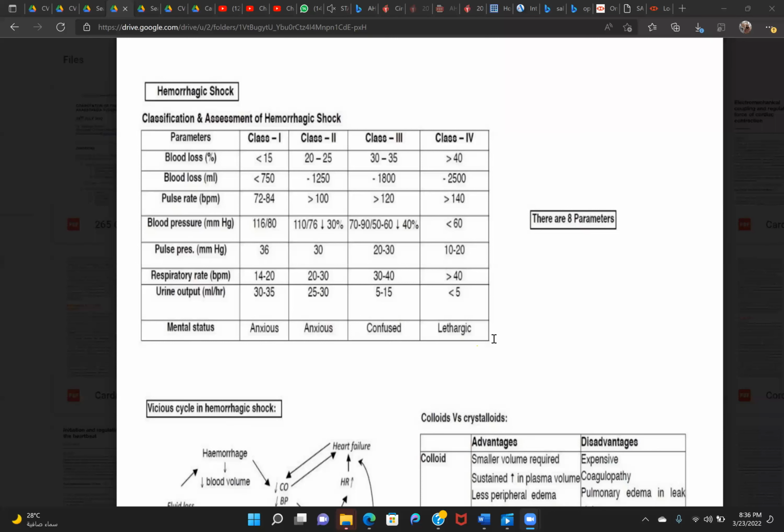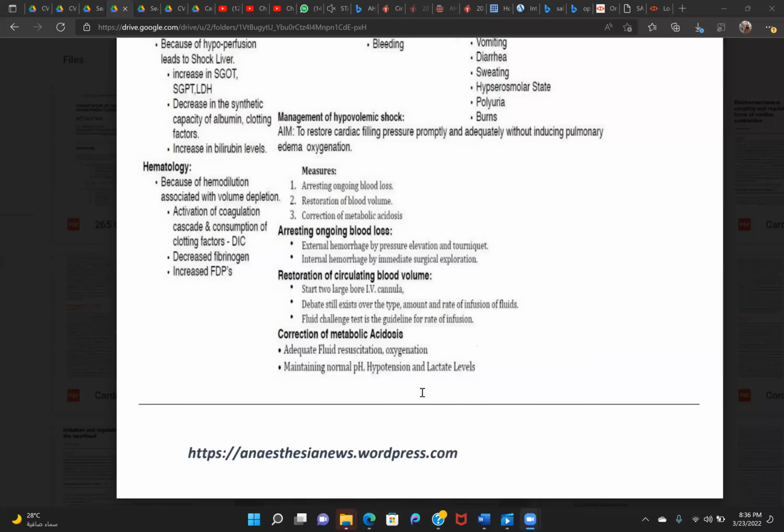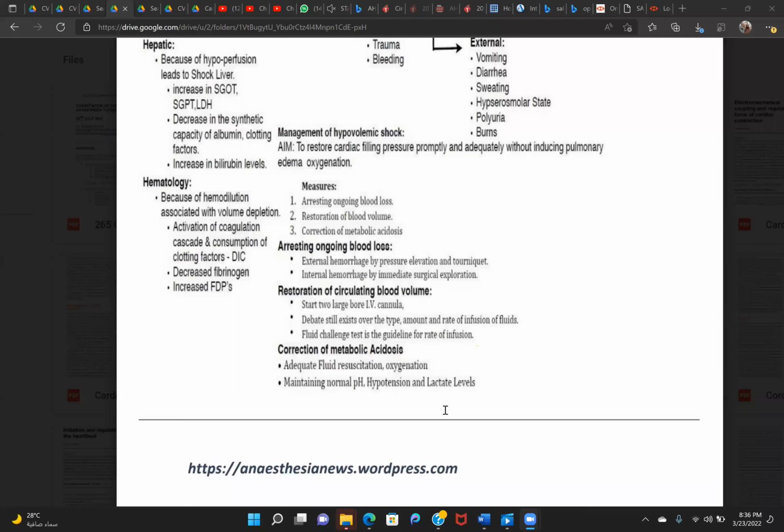I forgot to mention lactate. You can follow your resuscitation through lactate. But if there is a condition such as gangrene or ischemic gut, and you are giving resuscitation, the lactate level may still not go down. Can you hear me?